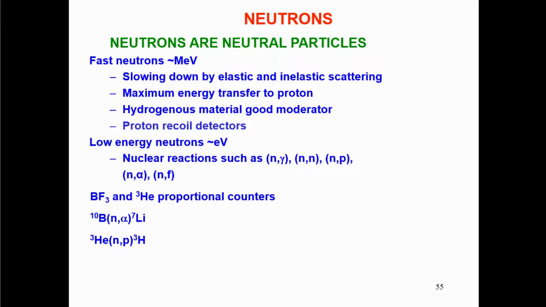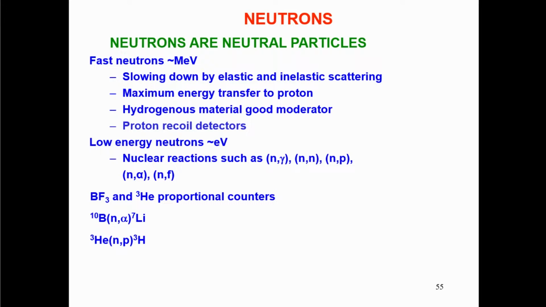For example, water. A water based neutron detector could be a very good detector, or a plastic based detector, because they have low Z elements. Some proton recoil detectors are used for neutron based measurement, and nuclear reactions are also used for neutron detection.